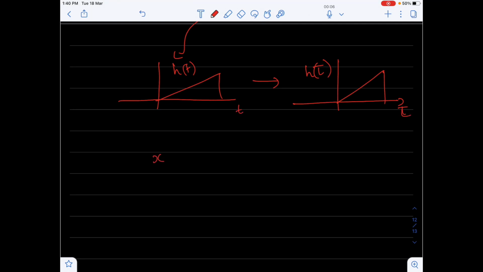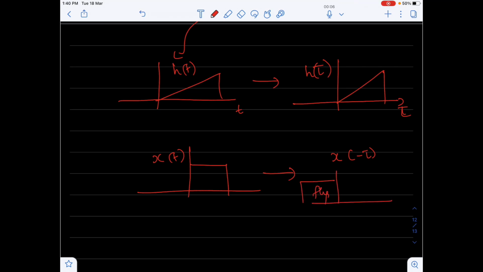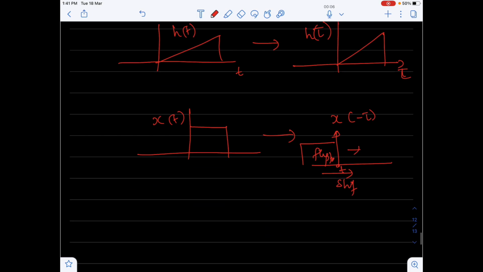Then we will consider our x of t and find x of minus tau. As I told you before, x of tau you find, then x of minus tau, this is flipped, then try to move. So mark the t here. This is how to proceed. Try to move the simple signal instead of the complicated one.